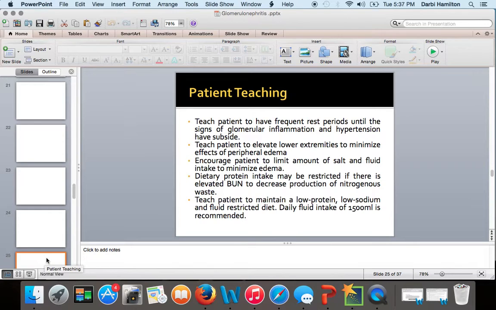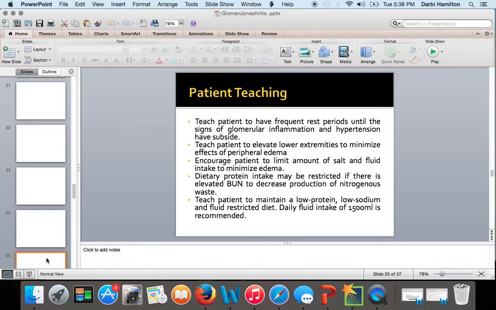Generalized patient teaching on a patient who has acute post-streptococcal glomerulonephritis include: we teach patients to have frequent rest periods until the signs of glomerular inflammation and hypertension have subsided. Teach patients to elevate lower extremities to minimize effects of peripheral edema.